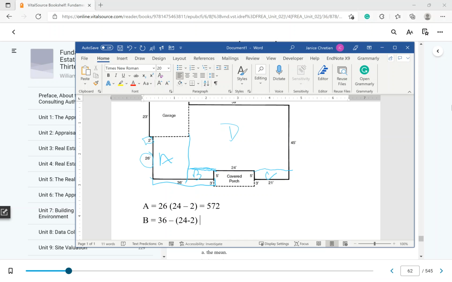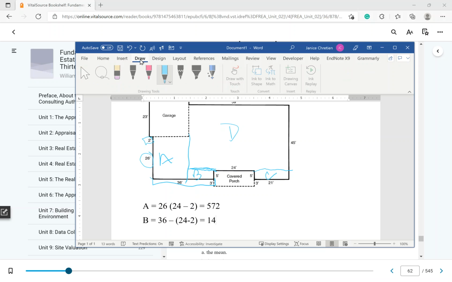So we've got 36 minus 22 is 14. So we've got 14 feet. Show you what I'm doing here. So I know that this little area across is 14 feet.